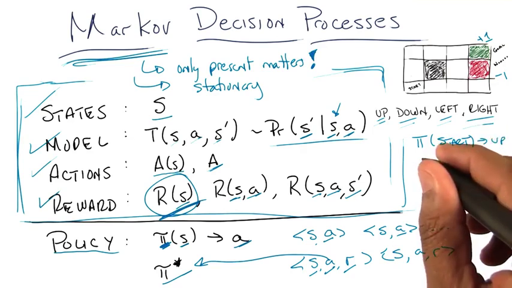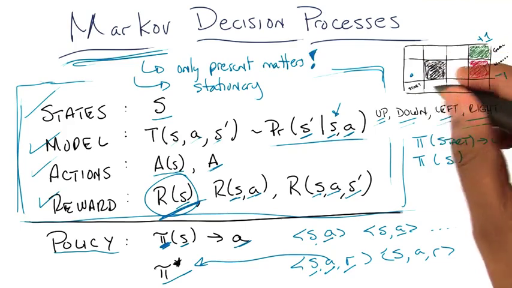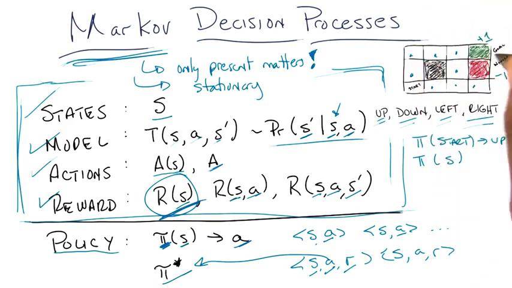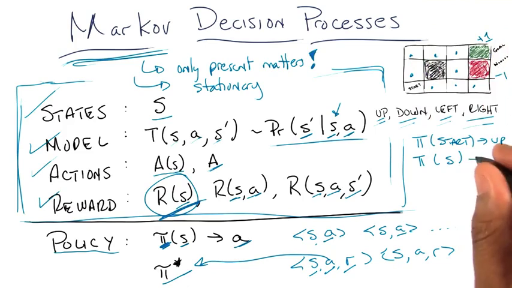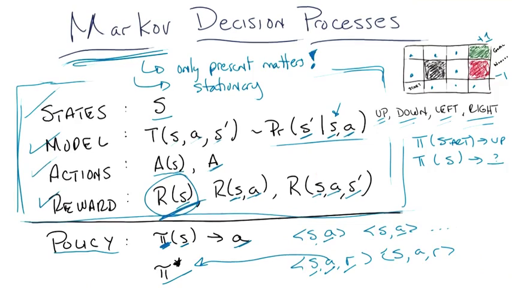And it would have a mapping for every state that you might see, whether it's this state, this state, or even these two states, and it would tell you what action you should take. And that's what a policy is. A policy, very simply, is nothing more than a function that tells you what action to take in any state you happen to come across.